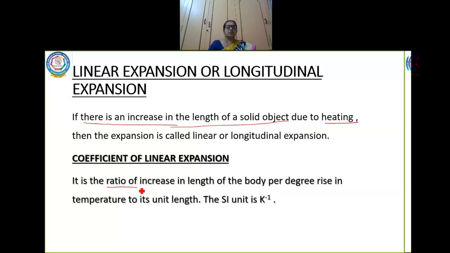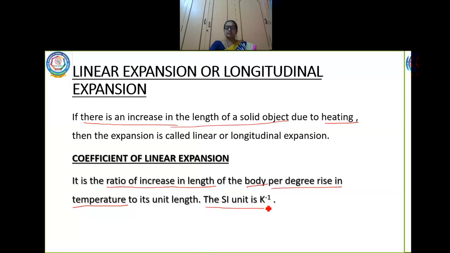It is the ratio of increase in length of the body per degree rise in temperature. When you increase the temperature by 1 degree, the increase in length of the body relative to its original length is measured as the coefficient of linear expansion.